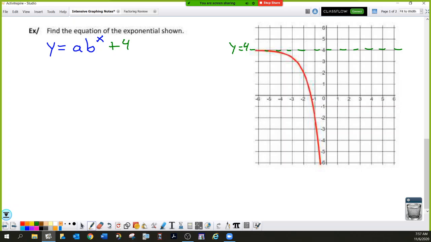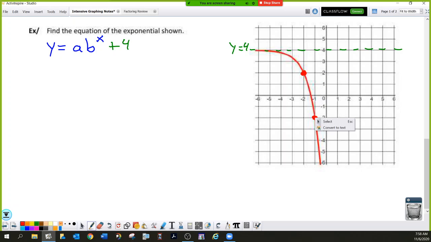What you want to do is go to your graph and identify two of what I like to call pretty points, things that are obvious. So I see a pretty point right here, and it looks like the next pretty point happens here.